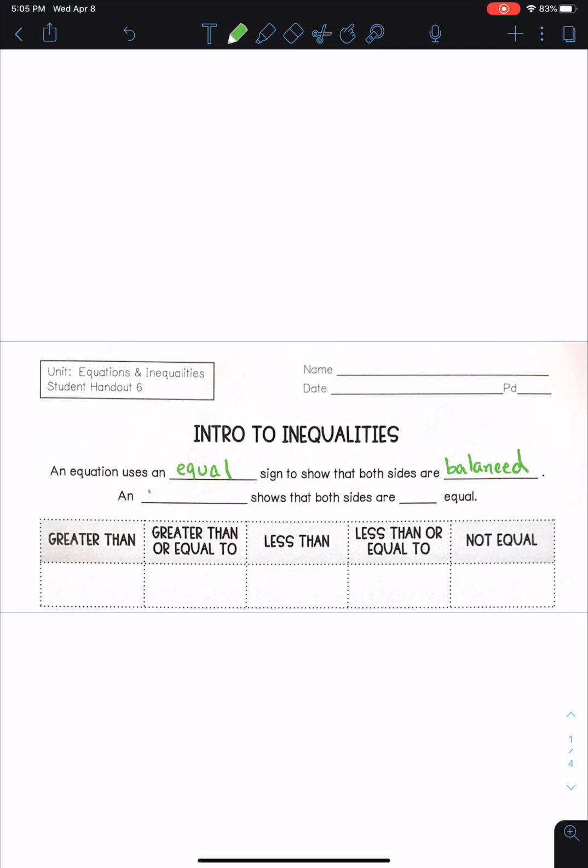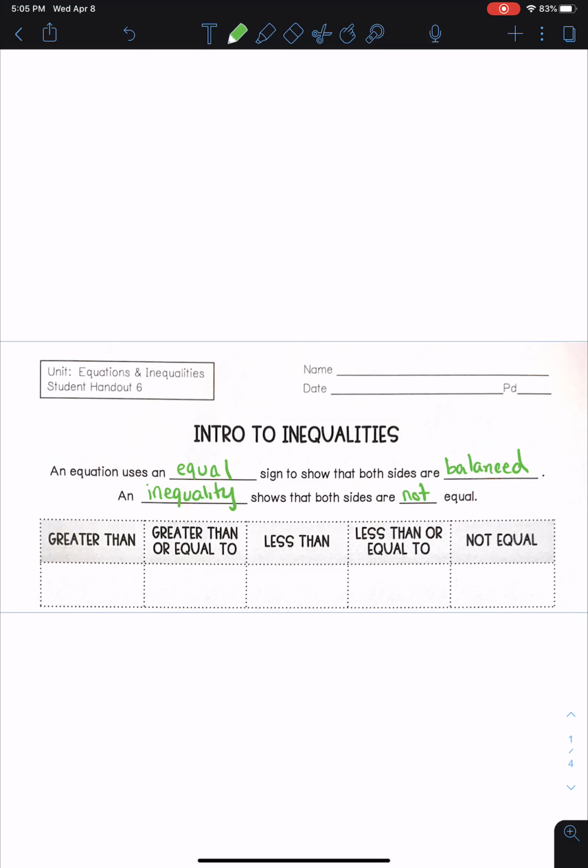An inequality shows that both sides are not equal. So, with an inequality, both sides are not necessarily equal. The greater than or less than, or greater than or equal to, or less than or equal to. And we have to remember which symbol is which.